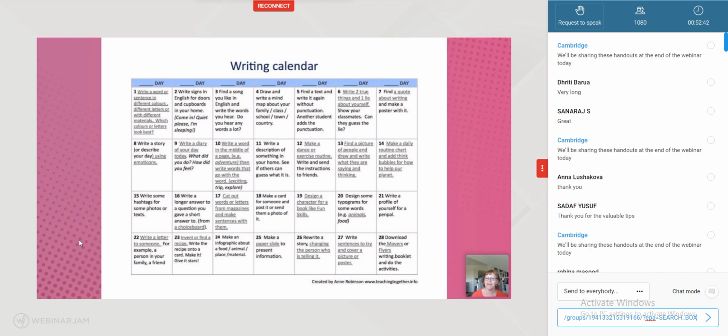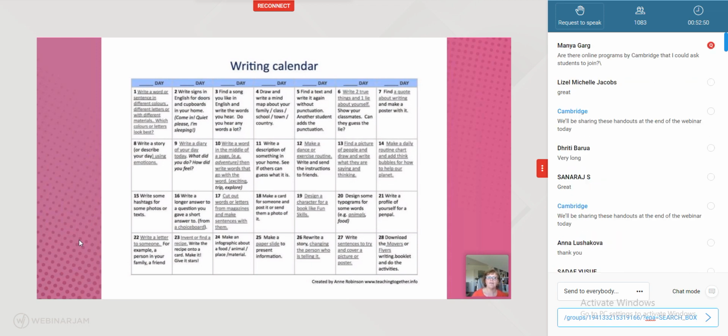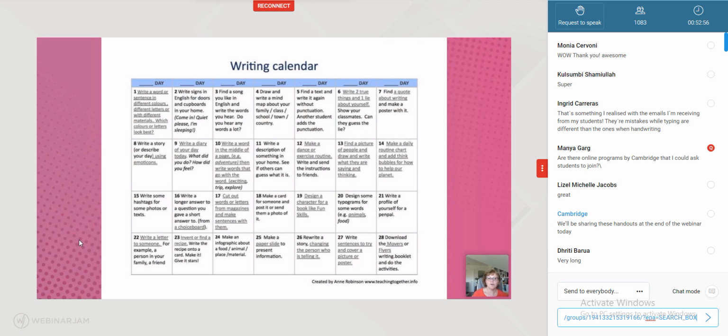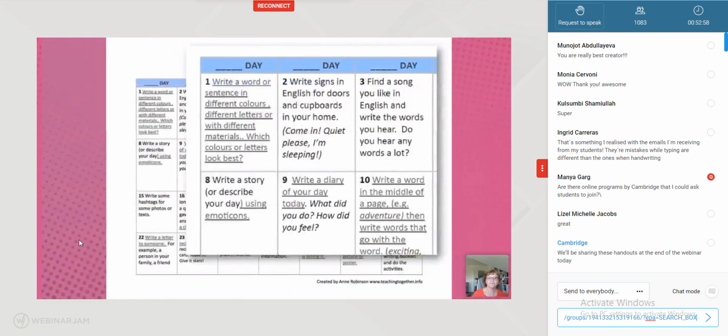So there are 28 days in my calendar. It's not for any particular month, but on each of the days you have a writing activity.